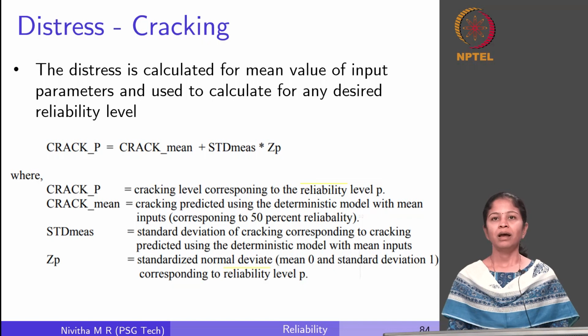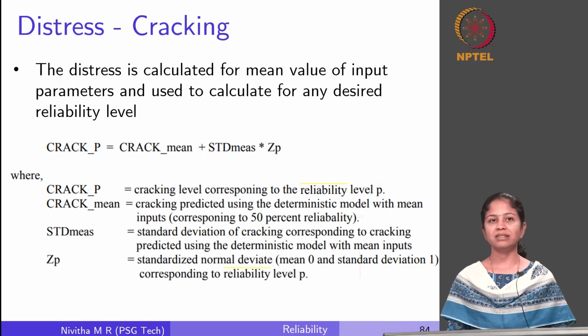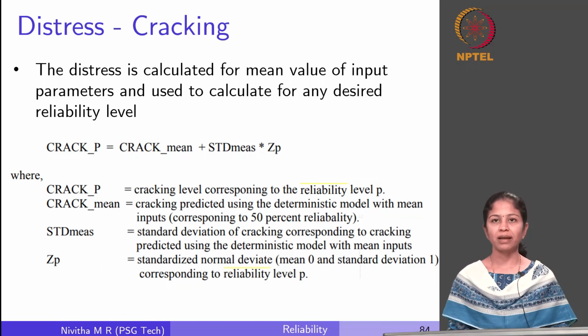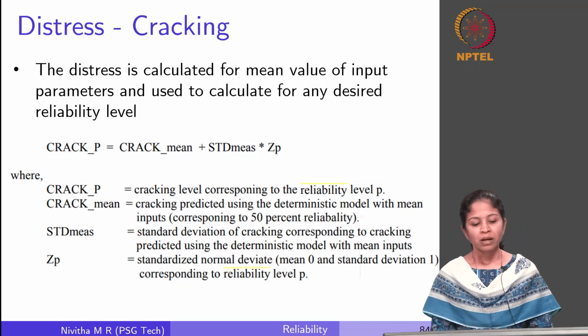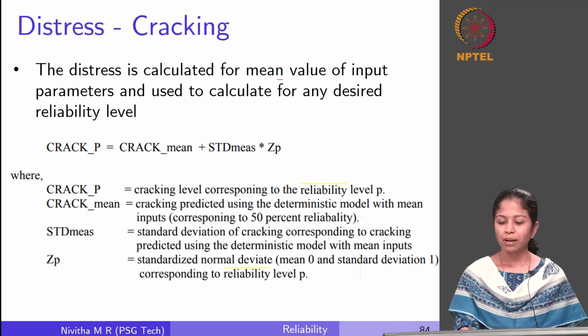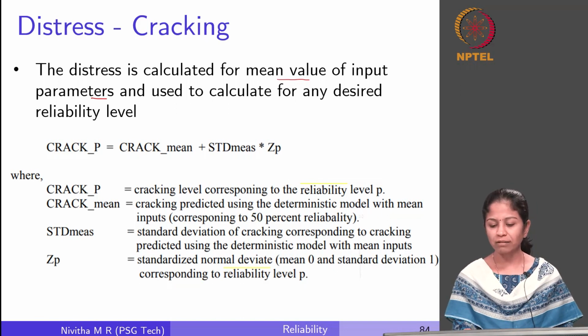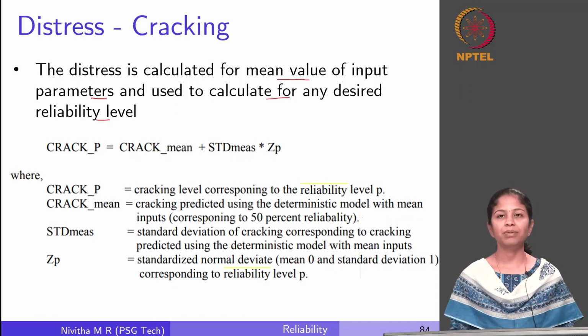Similarly, we can define it for all distresses and look at how the required reliability level is taken into consideration in the distress prediction equation. So this is explained for cracking. I will show you another slide wherein we have the same thing for rutting as well. This distress is calculated for a mean value of input parameter, right, and used to calculate for any desired reliability level.